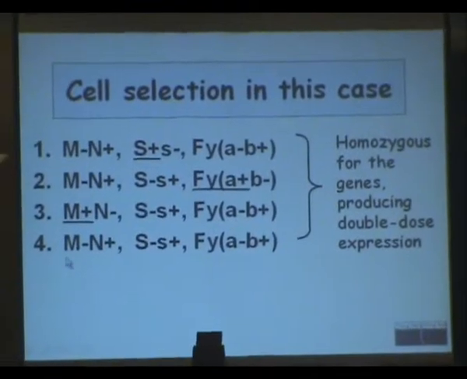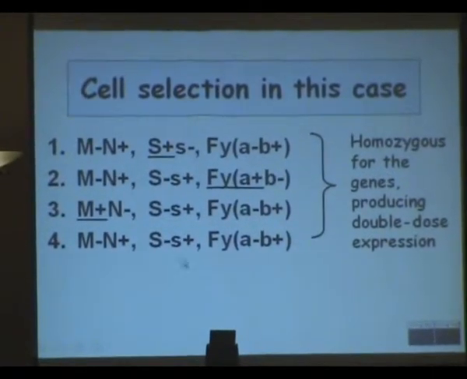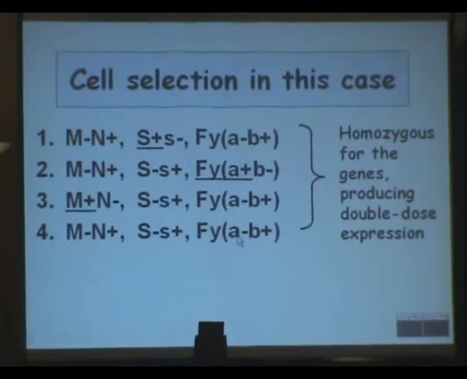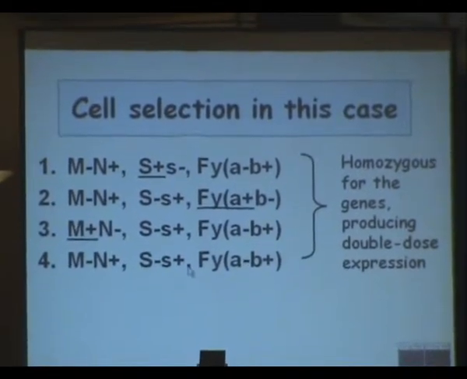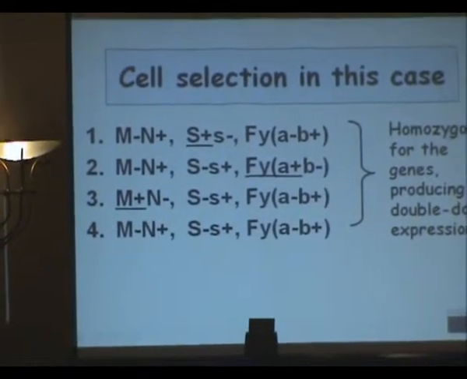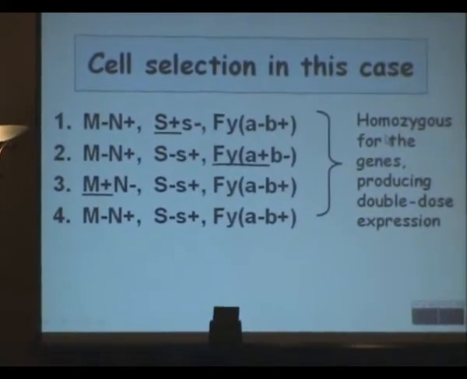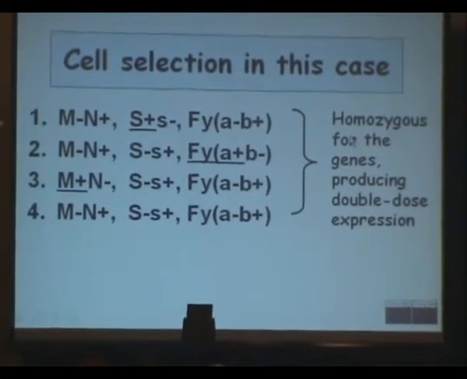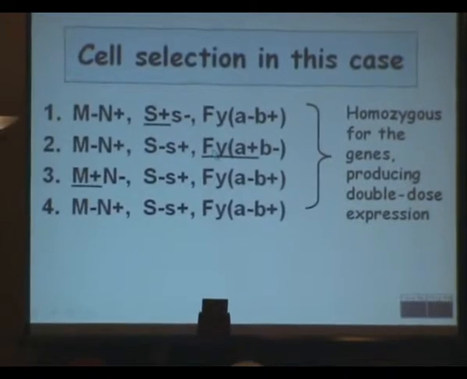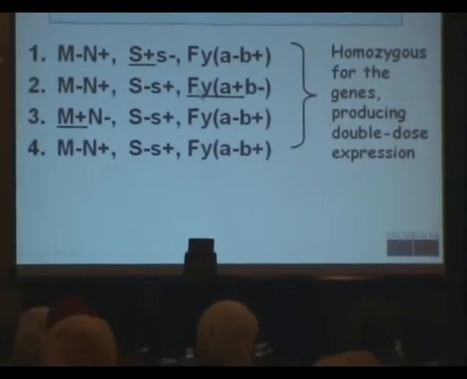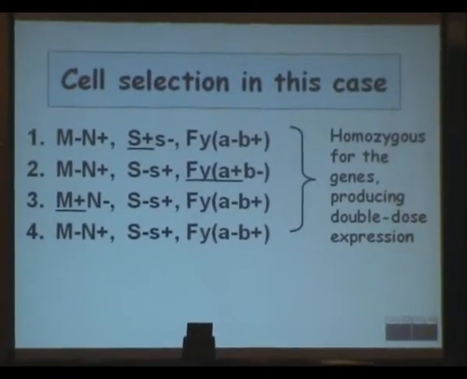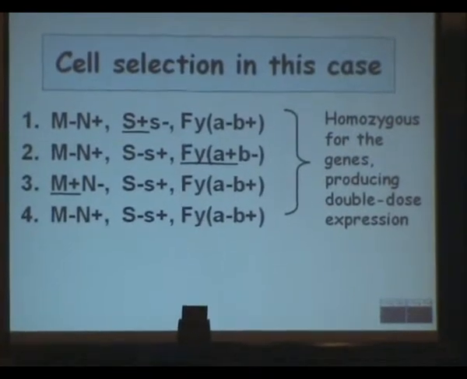We would also include a cell that is negative for all three of those antigens as a control. So this means that these cells, or at least the individuals, are homozygous for the genes, which means that there is double dose or assumed double dose expression of the antigens at the red cell level.